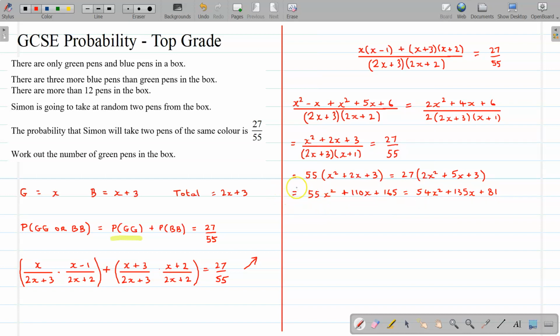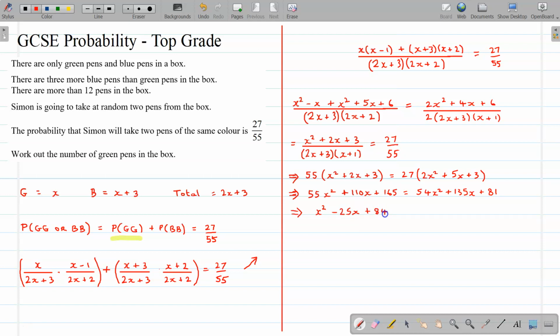So I should just say that this implies that that is true, which implies that, now 55x squared minus 54x squared is just 1x squared. 110x minus 135x is going to be minus 25x. And finally, I've got 165 minus 81 is 84, plus 84.